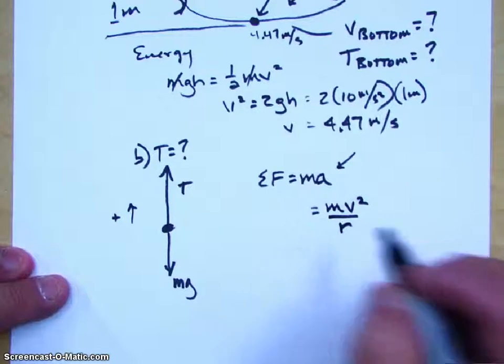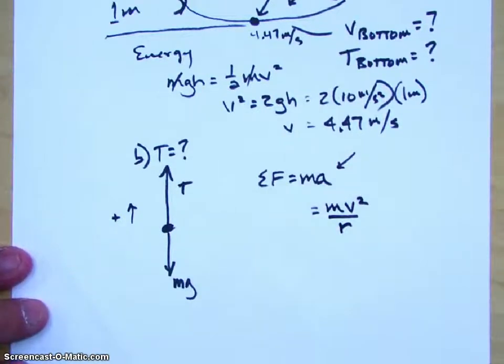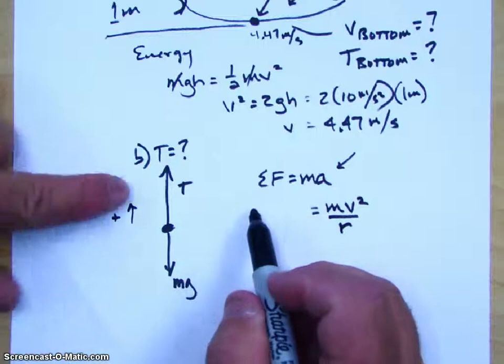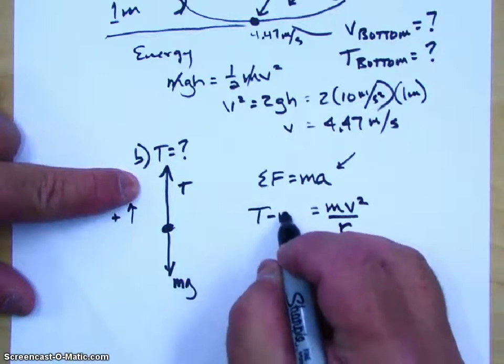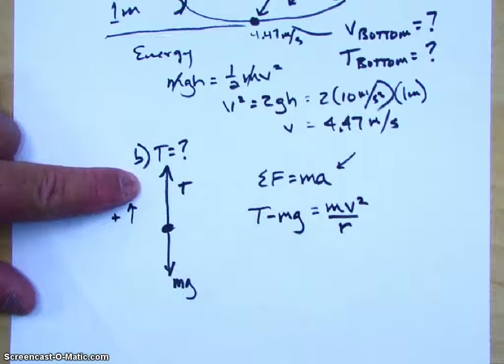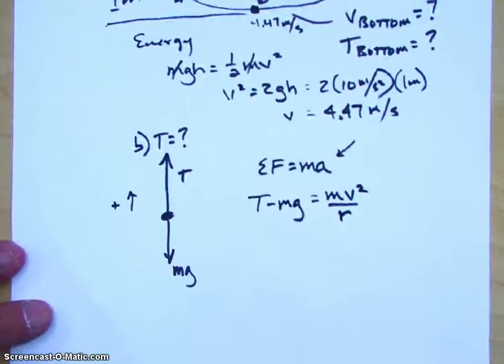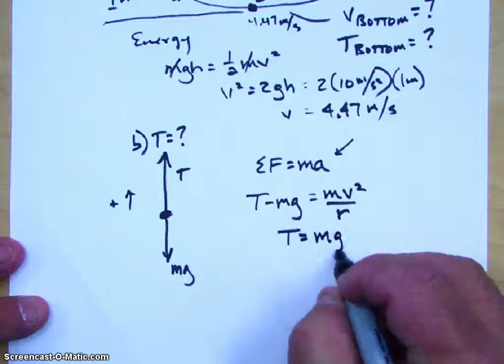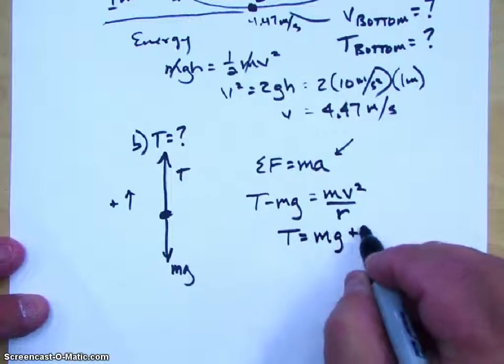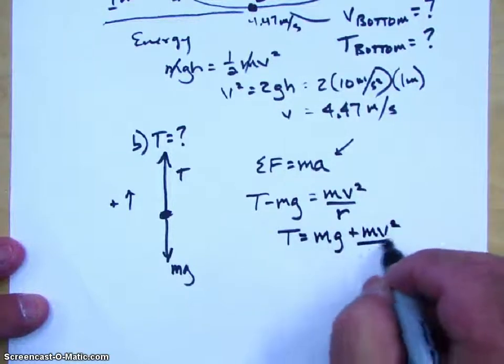And let's do it all with variables first and then plug in at the end. Now, the sum of the forces, I'm going to write the positive one first, so T minus mg is equal to mv squared over r. Now, I'm solving for T. Move it to the other side. T equals mg plus mv squared over r.